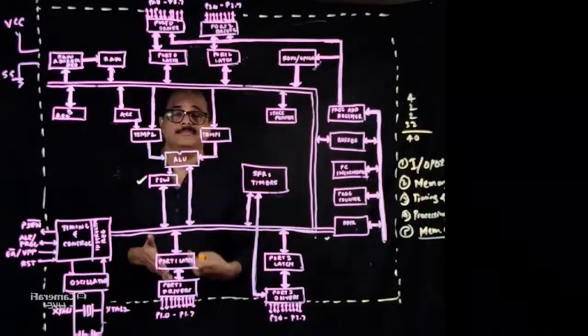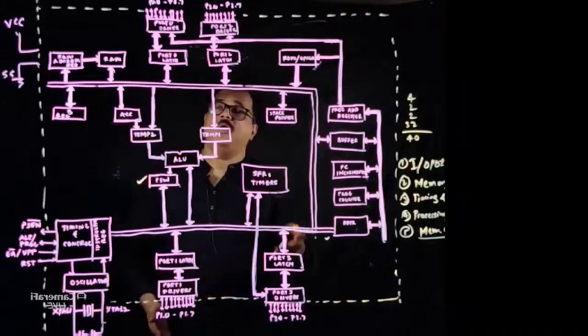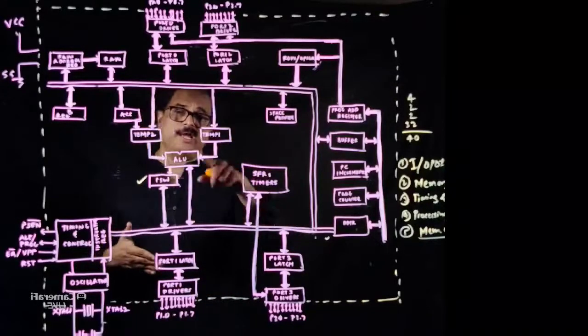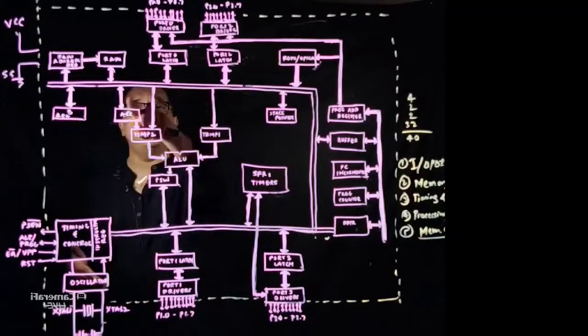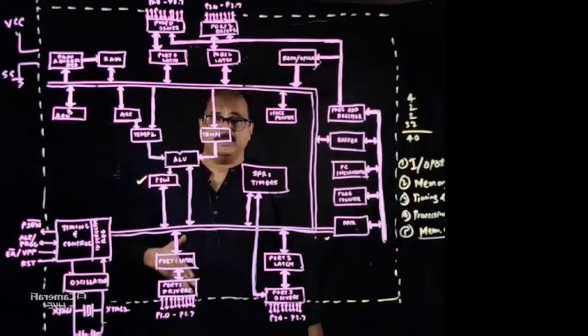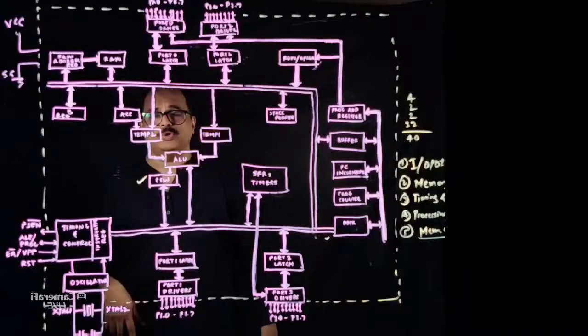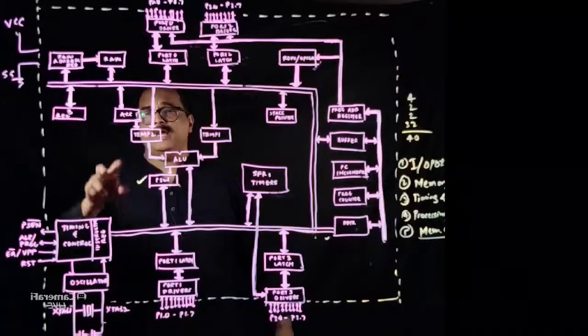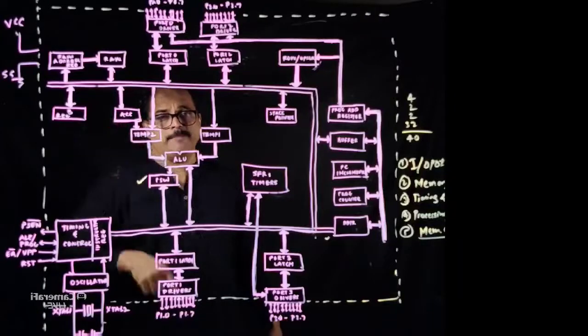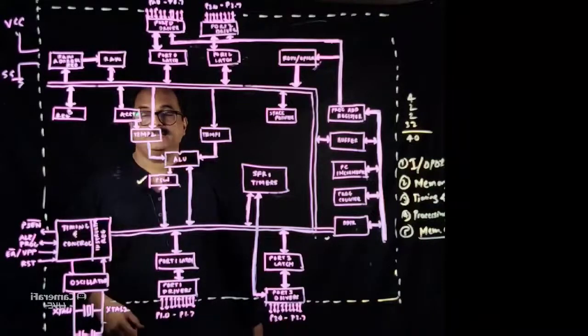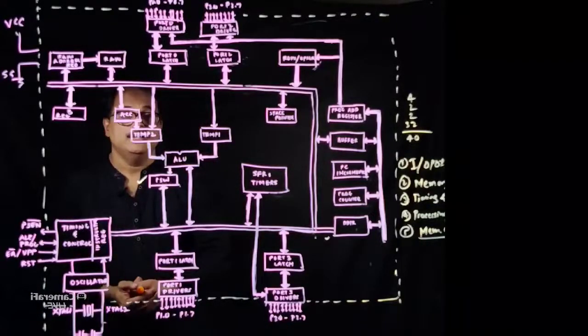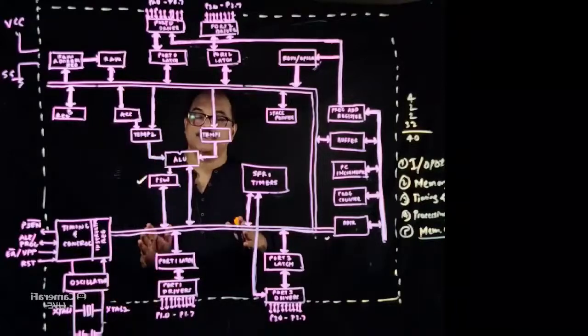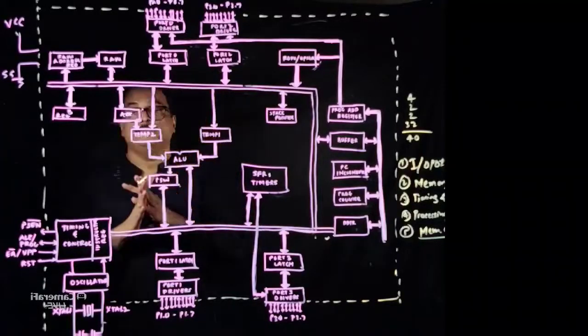If you add a number 10 times, then after every addition, the answer will go back to the accumulator and goes on accumulating. And then there is a B register here. The accumulator is denoted by A, and the B register is obviously denoted by B. The B register is used in multiplication and division operations, right?